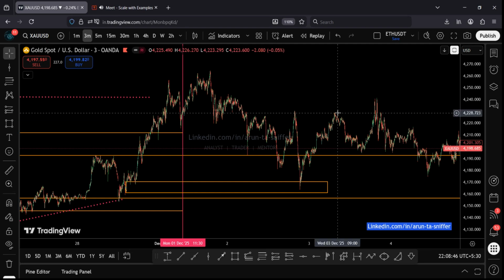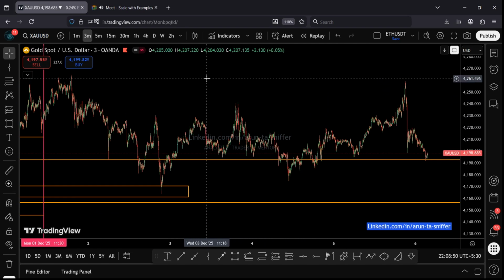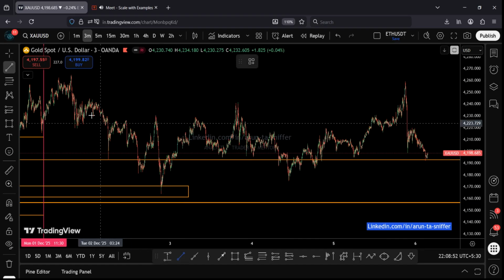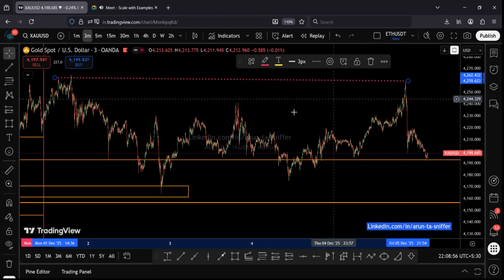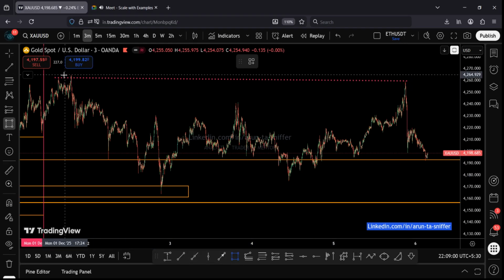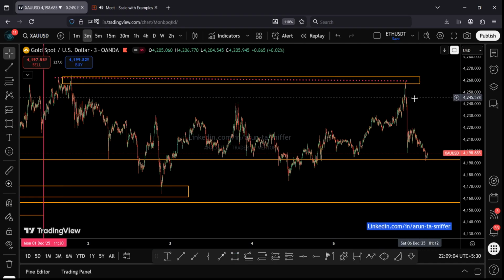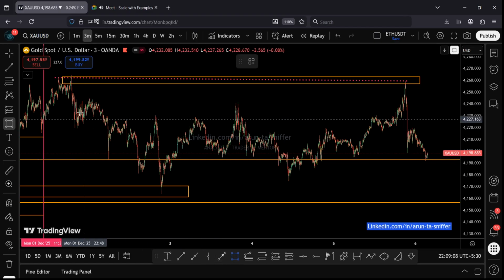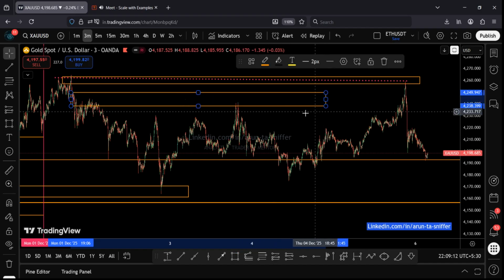And where does it go back up again? Here to the QM level of this. Here we have an LSK. Okay, but our target can also be only till here, this origin from where the price fell, right?